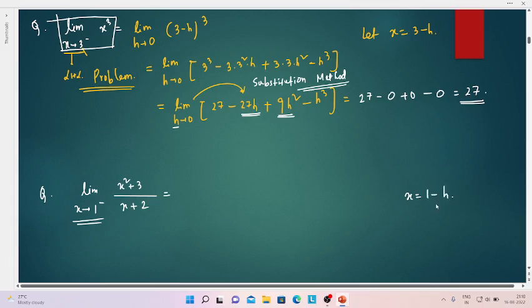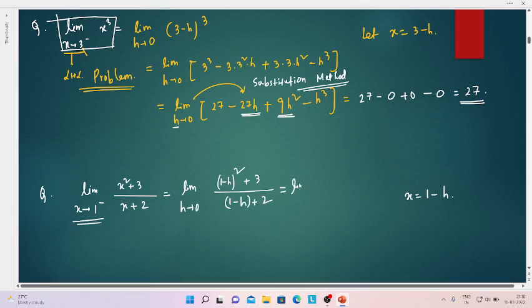h, right? For the case of right hand limit, we have to take 1 plus h. For the case of left hand limit, we have to take 1 minus h, right? So that will become limit h tending to 0, x square will become (1 minus h) whole square plus 3 upon 1 minus h plus 2, right?